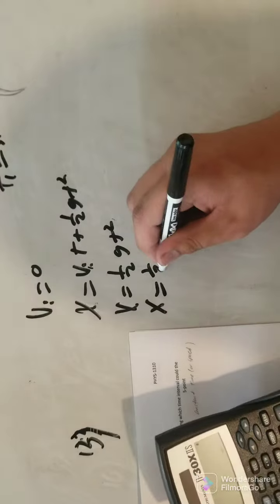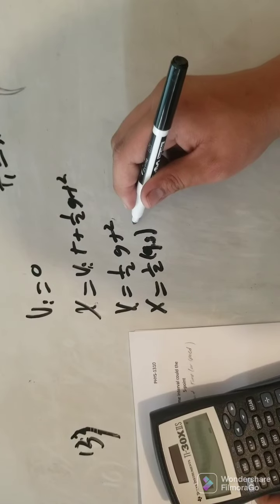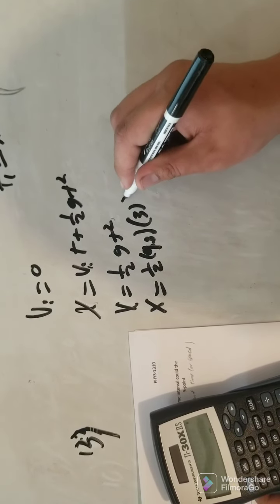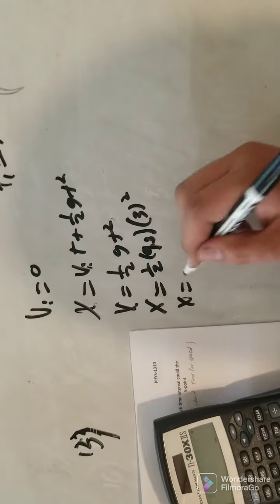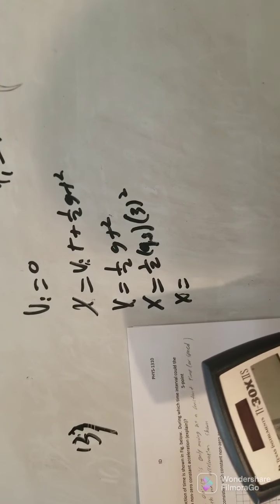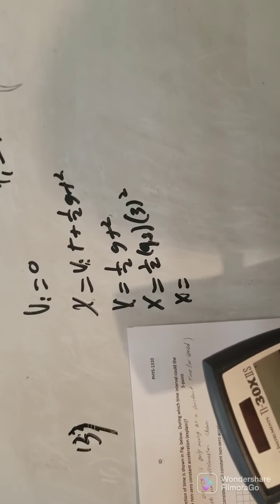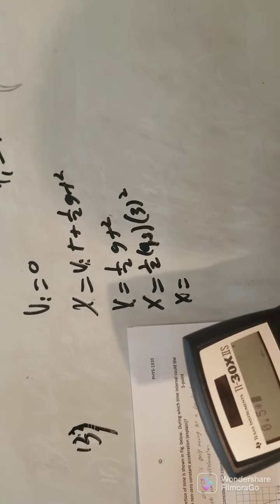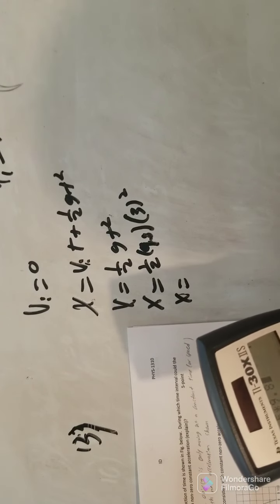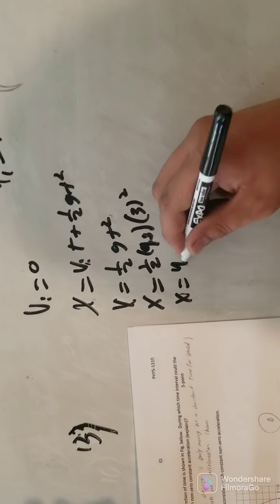x is equal to 1/2 times 9.8 times t1 squared, which is 3 squared. Let's put this in the calculator: 0.5 times 9.8 times 3 squared is going to equal 44.1.